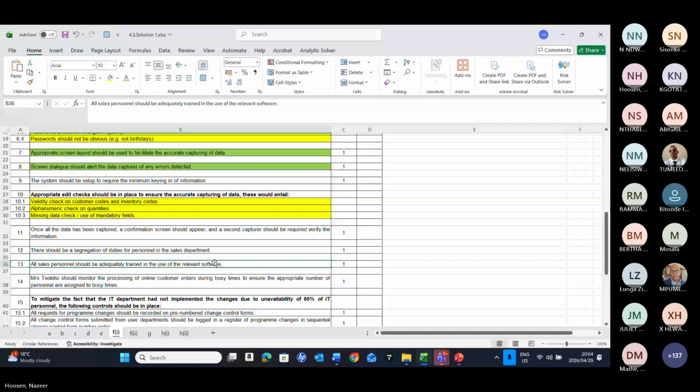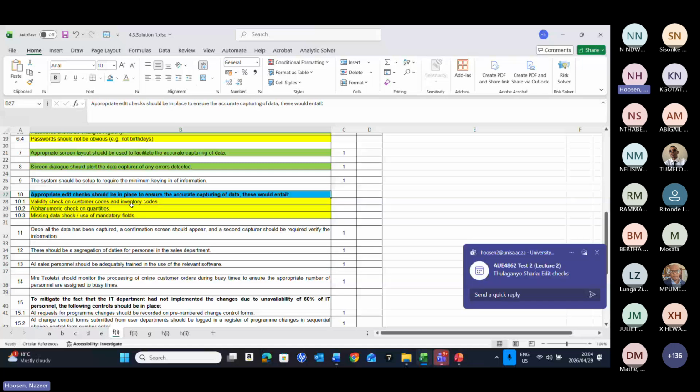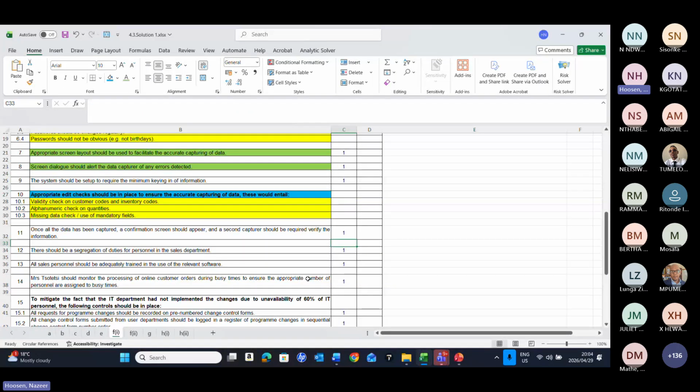So for the error checks, those also feature in a few marks. Yes, I see we have an answer on error checks as well. These comprise a validity check to see if the data captured is valid.